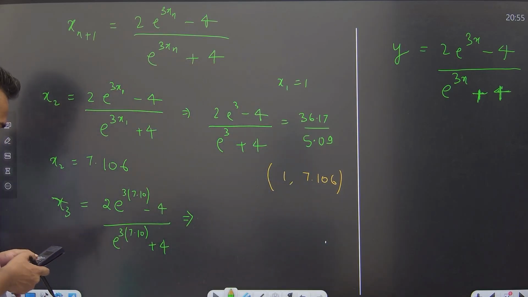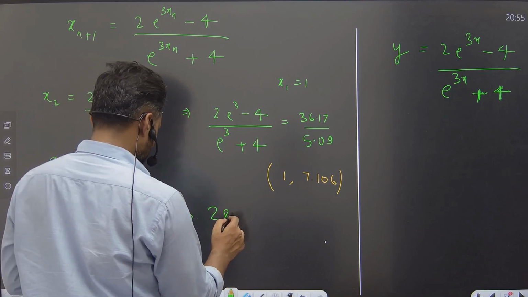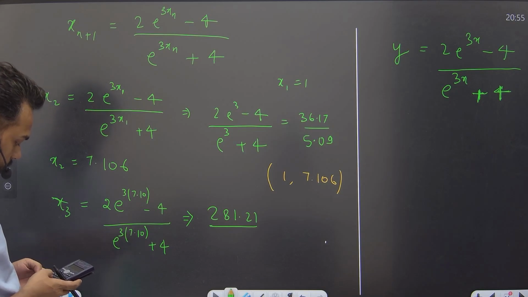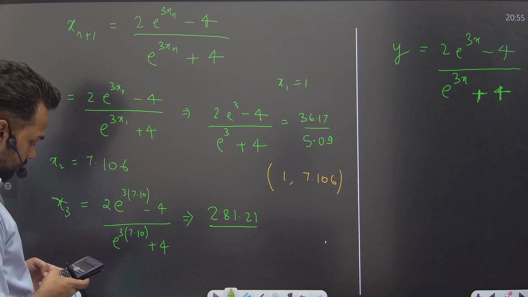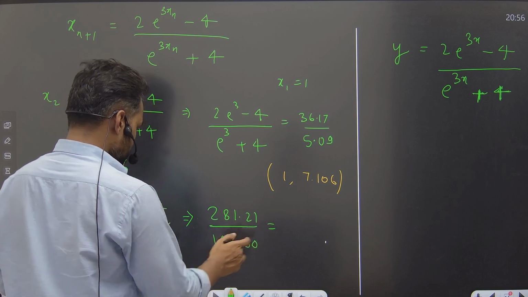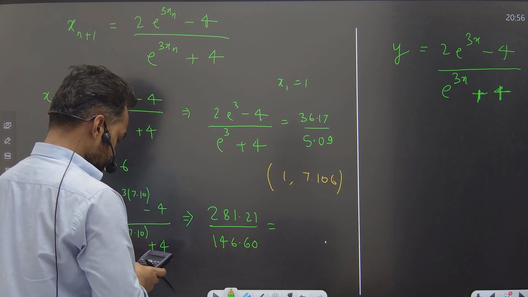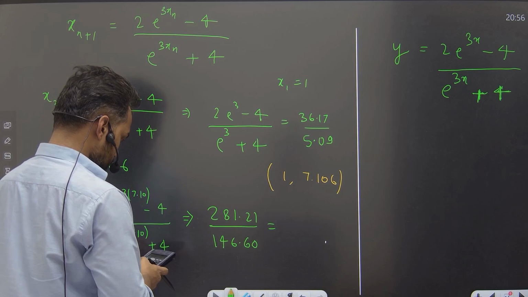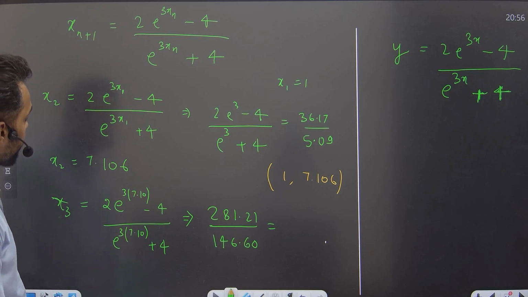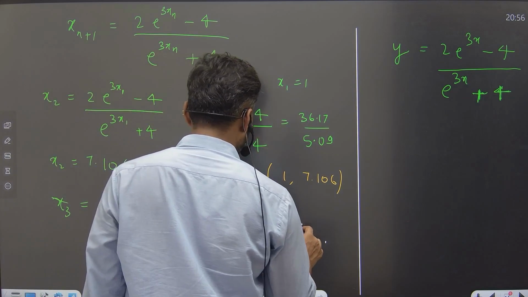In the numerator we are getting 281.1221, and in the denominator e^(3 times 7.106) plus 4, we are getting 146.60. So on dividing it, we get 1.918.